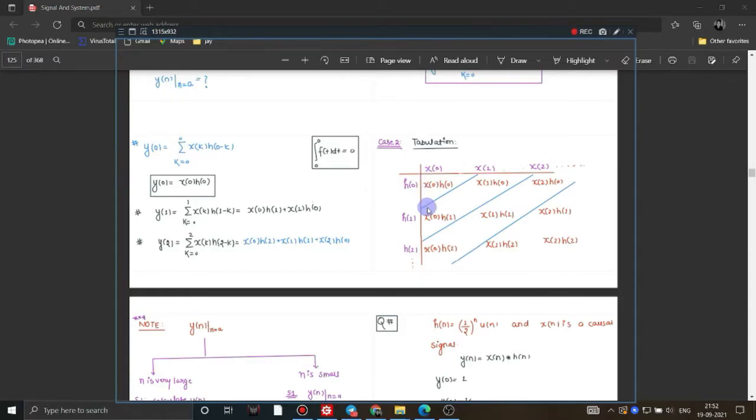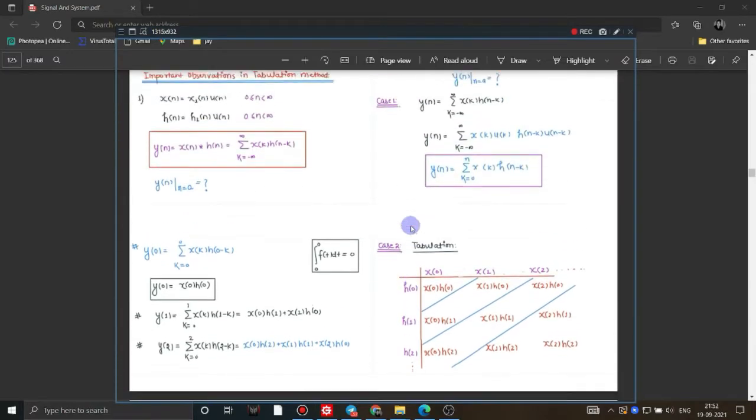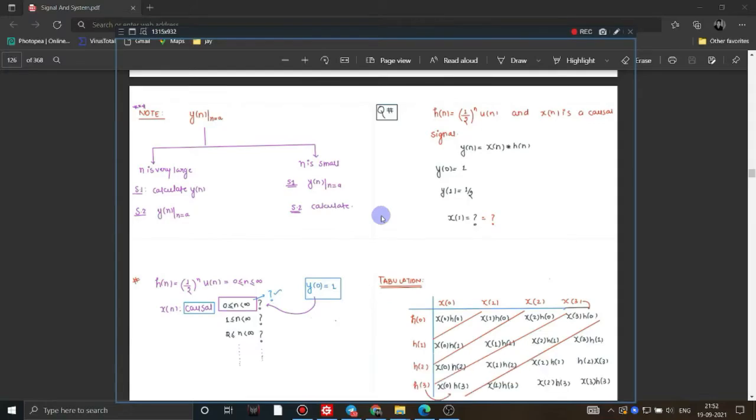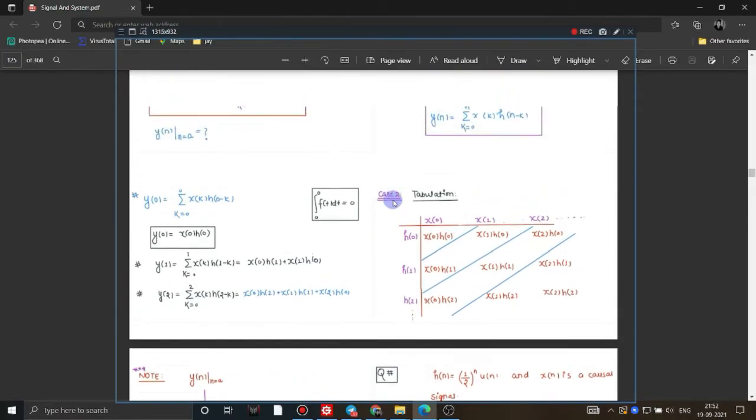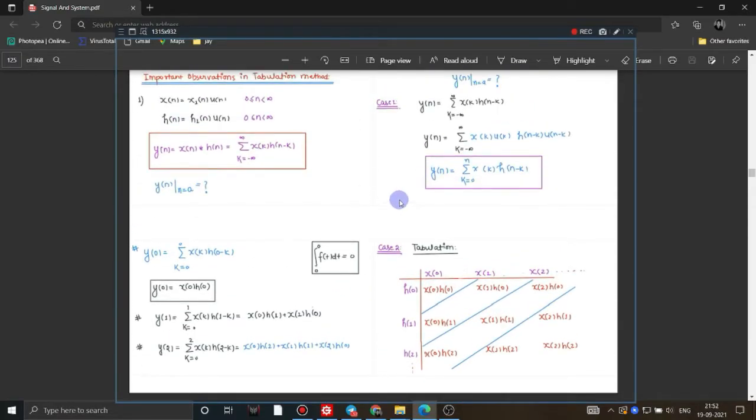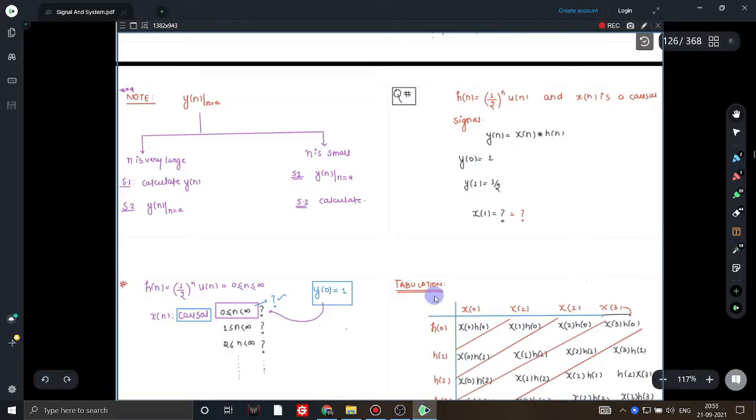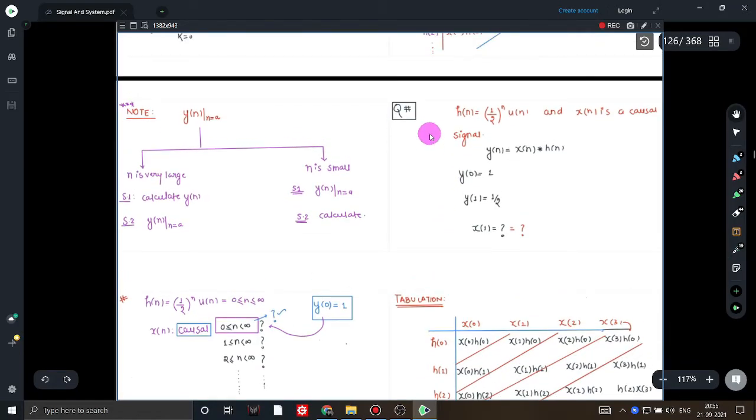So, in this question, see this question. h[n] is given as (1/2)^n u[n] and x[n] is a causal signal. So we have left at this question.